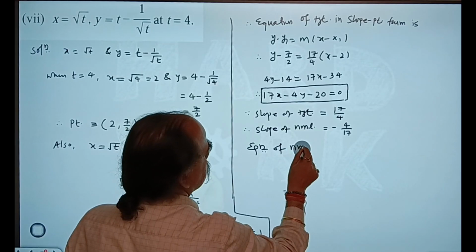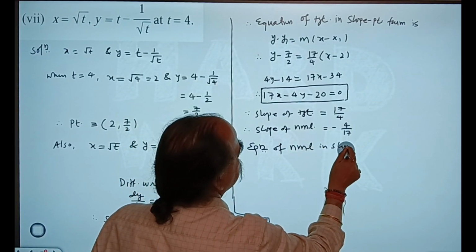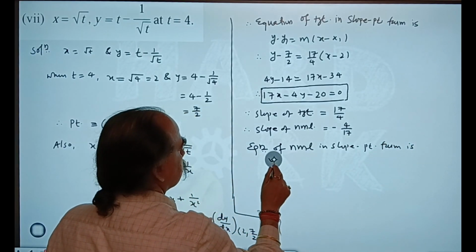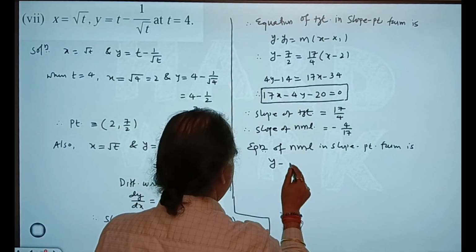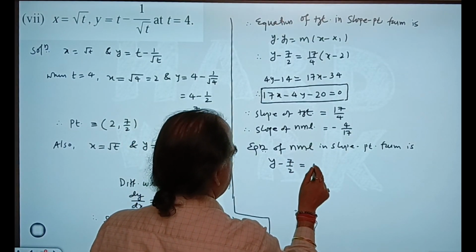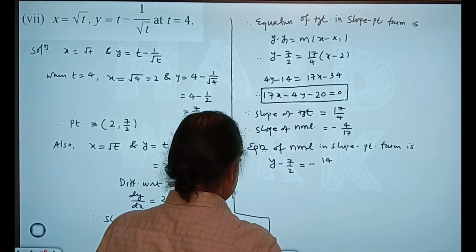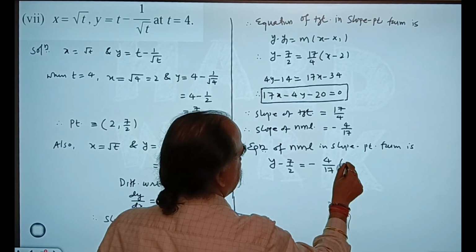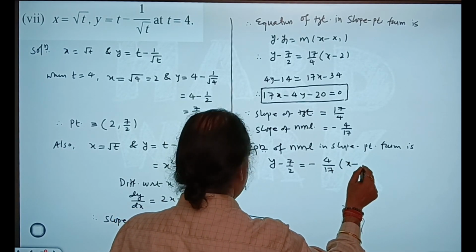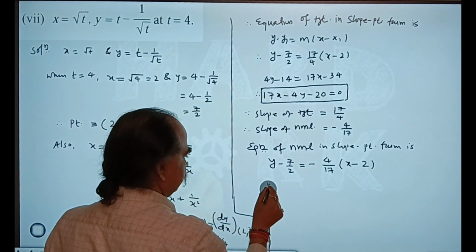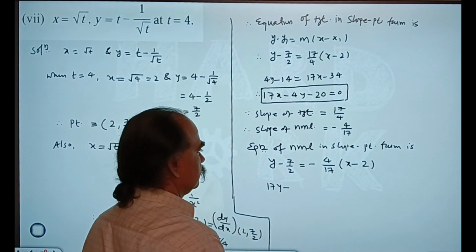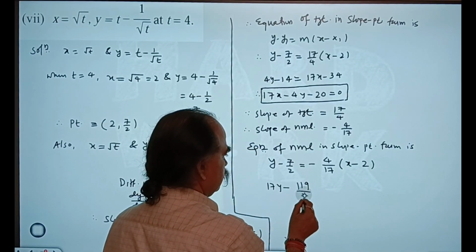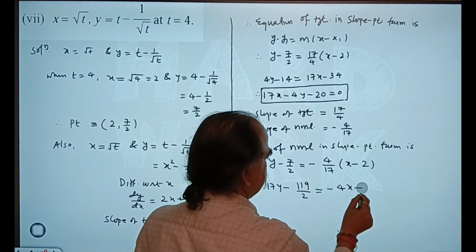Equation of normal in slope point form is y minus y1 is equal to m, which is -4/17, into x minus x1. 17 you multiply, so 17y minus 119/2 is equal to minus 4x plus 8.